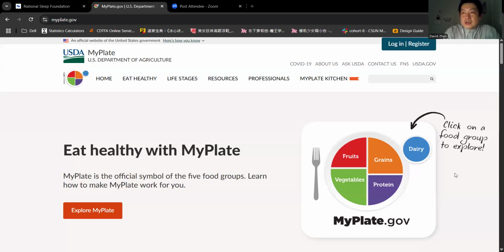Some people are lactose intolerant and they don't prefer dairy, which is fine. Like I just gave the example with 25% of each in fruits, vegetables, grains, and protein, you would want to keep that consistent.